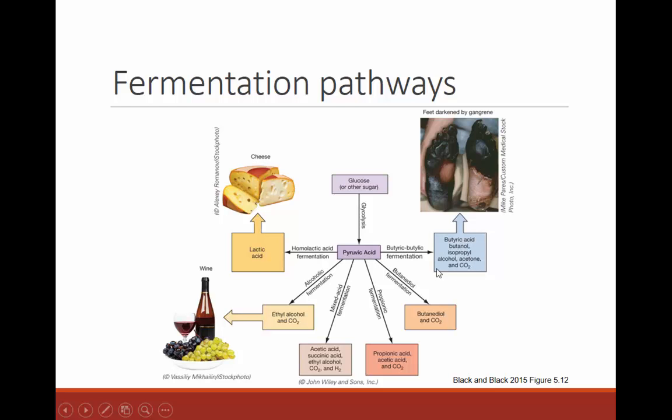Now this one is the butyric fermentation. This is the one that causes gangrene.